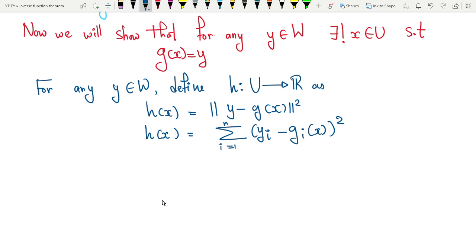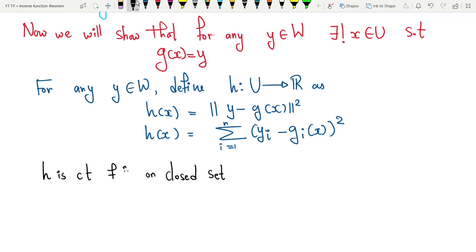Right? As we know, the norm functions are continuous. It is continuous on the closed set. Right? In this case, my h is a continuous function on the closed set. It is a distance function actually, and distance functions are always continuous.